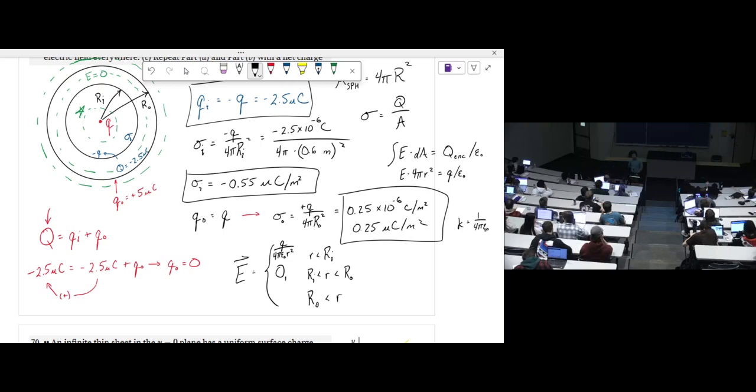Well, what about the electric field outside the shell and the charge, in this outermost region right here, instead of this region? What is the electric field in that outermost region? Or at least what is the form of that electric field?